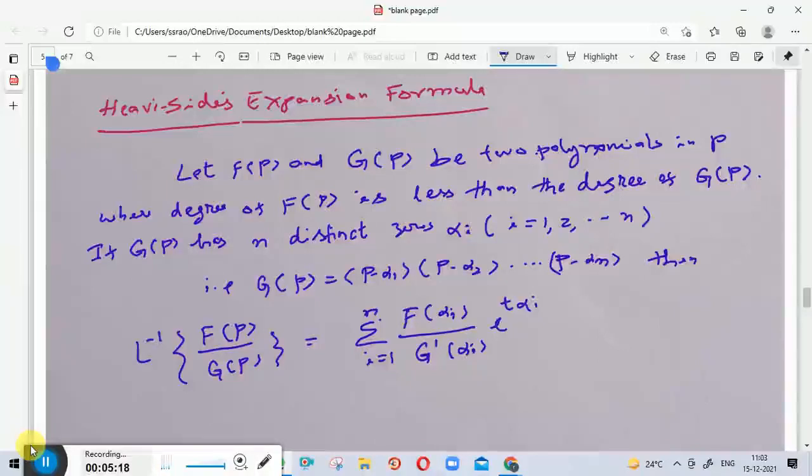Okay, this is the Heaviside's expansion formula statement.